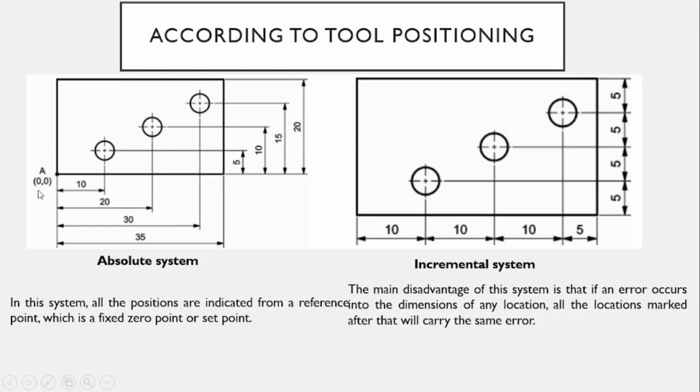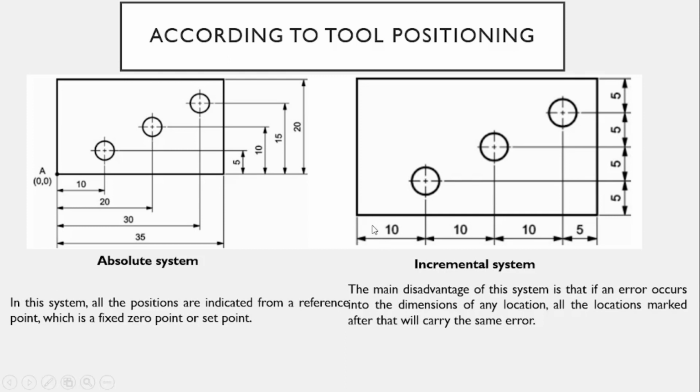So here in the absolute system, all the positions are indicated from the 0,0, this is A point, to the next level, next end points. Likewise, in the incremental system, the main disadvantage is that if an error occurs in dimensions at any location, all the locations marked after that will carry the same error.